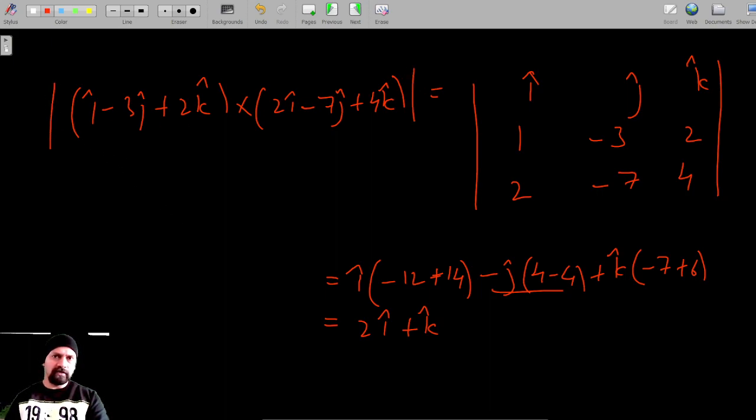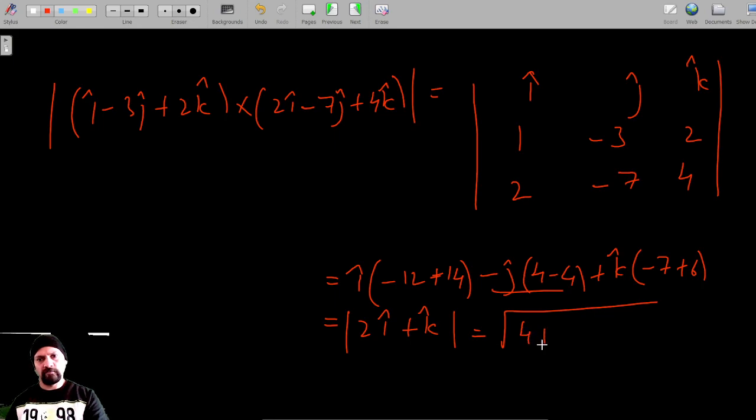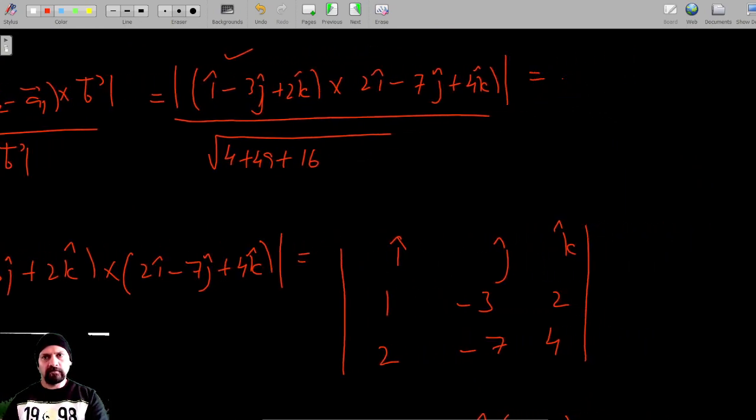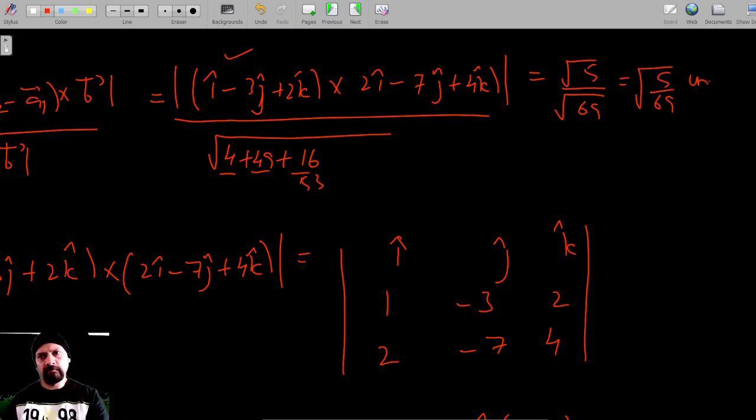So we have to find its magnitude. The magnitude of this is the square root of 4 plus 1, which is equal to the square root of 5. Now this is root 5 and the denominator is the square root of 4 plus 49 is 53, plus 16 is 69. So this is root 5 by root 69 units.